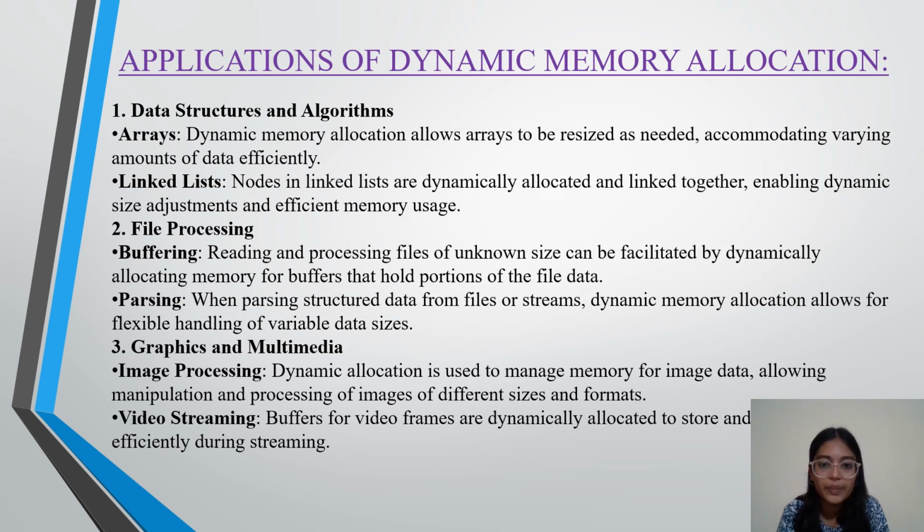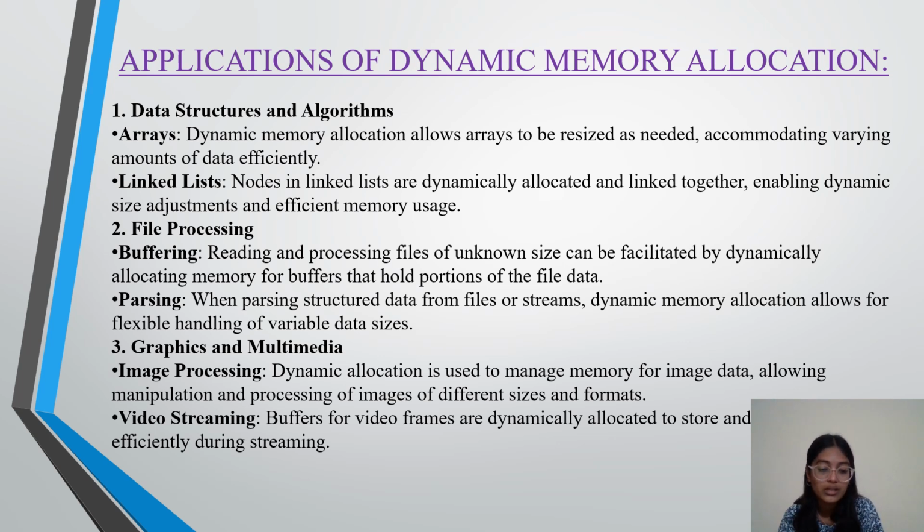Now we are going for applications of dynamic memory allocation. Dynamic memory allocation has a variety of applications such as data structures and algorithms, file processing, graphics and multimedia. In data structures we are using it for arrays and linked lists, for arrays to be resized as needed, and for linked lists, nodes are dynamically allocated and linked together, enabling dynamic size adjustments and efficient memory usage.